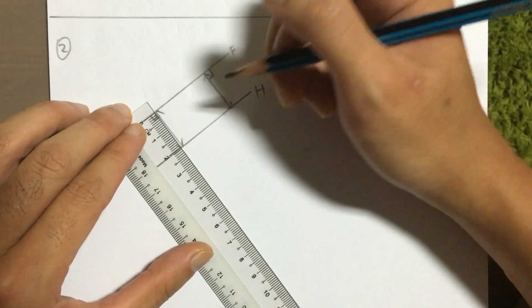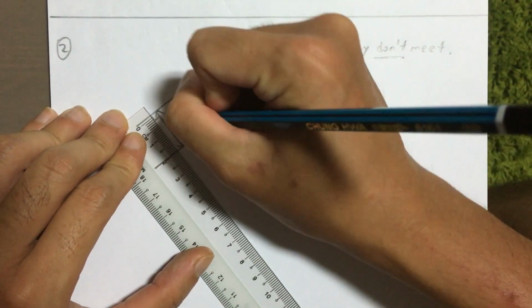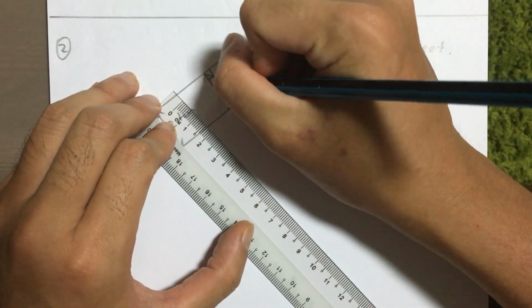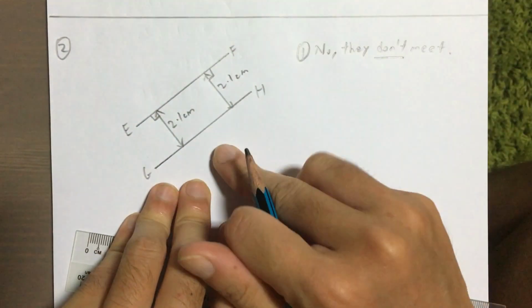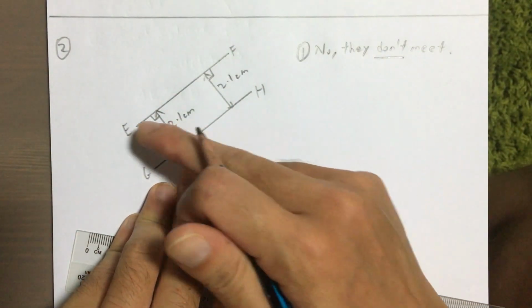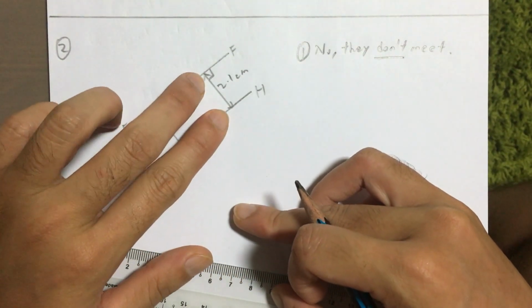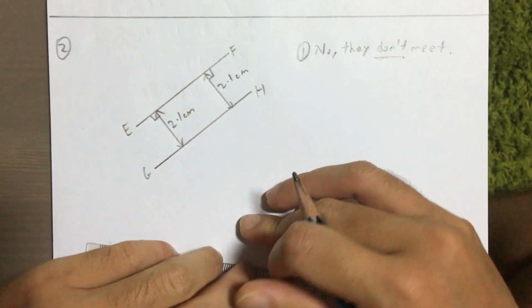This perpendicular line is around 2.1 cm. This one is also the same, 2.1 cm. You realize that one other thing about parallel lines is that besides not meeting each other, they are also an equal distance apart. When I mean equal distance, I mean the perpendicular distance is the same.